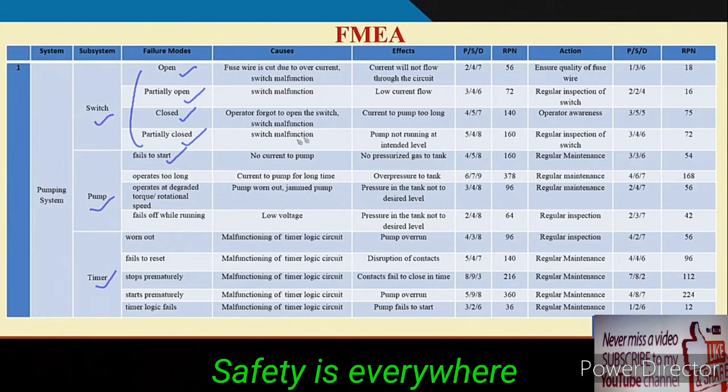And then what will happen, we have written. Similarly, pump fails to start, operates too long, operates at degraded speed, fails off while running; timer worn out, fails to reset, stops prematurely, starts prematurely, timer logic fails. So many things are there. And then why it is open, we have written some of the causes.